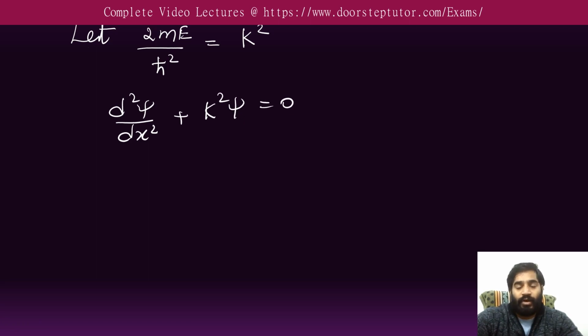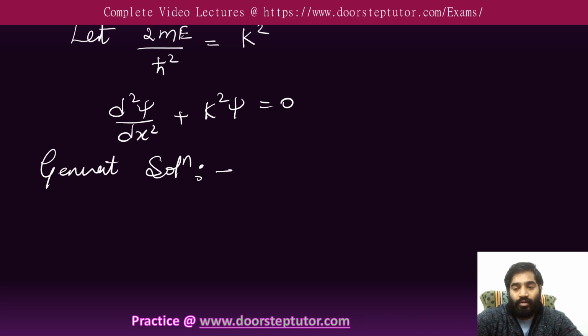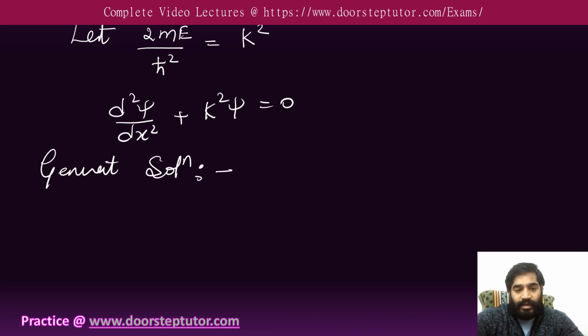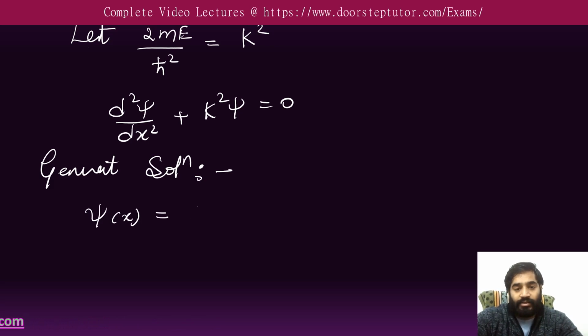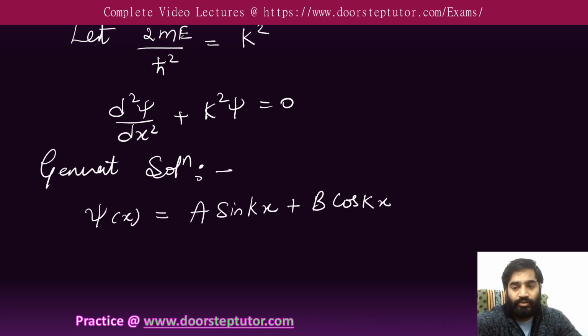Clear? Now we move to the general solution for this differential equation. Psi as a function of x, if I write the general solution, is going to be a sine kx plus b cos kx. As you know the value of k already, this is the general solution.